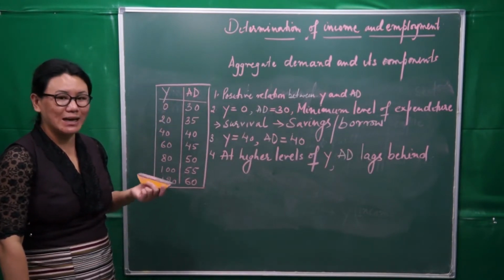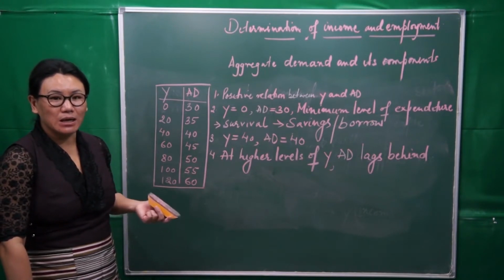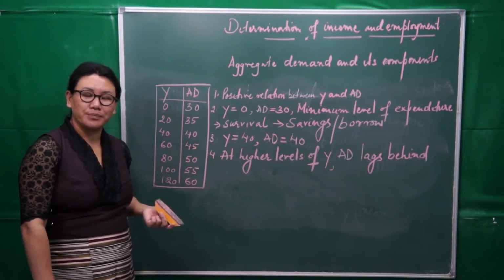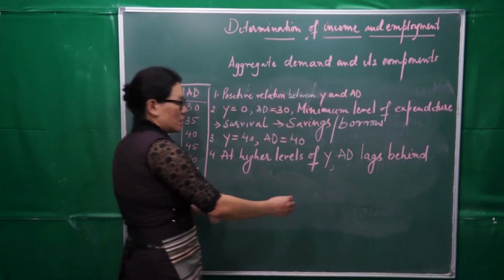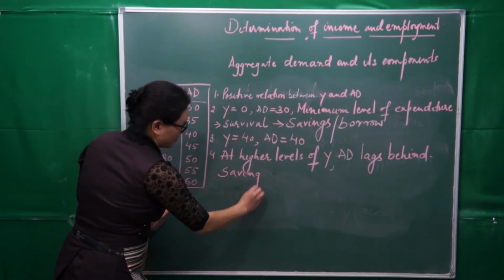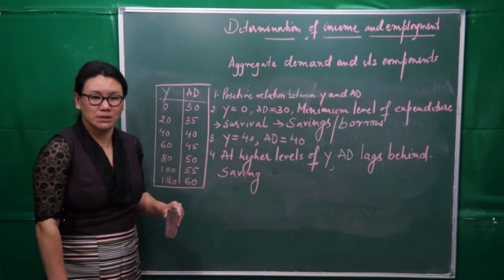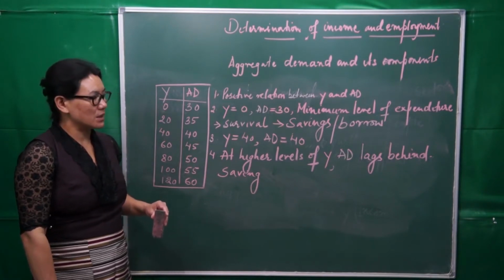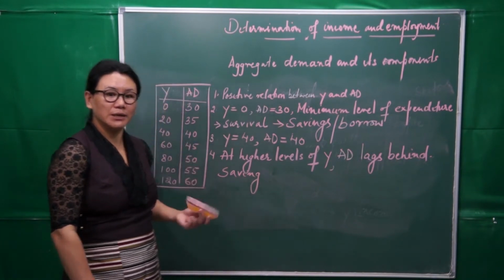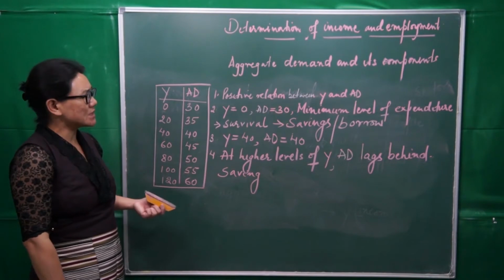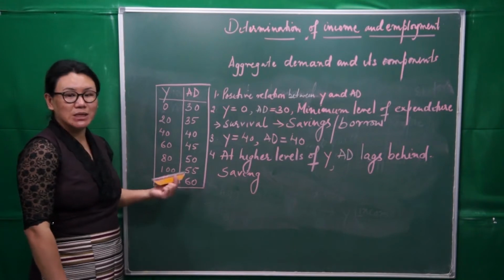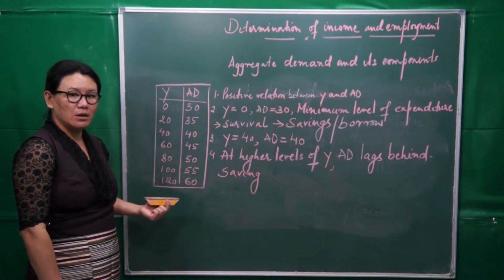The reason why AD will lag behind the increase in income is that as people's income increases, they will start saving. So here comes saving. Because of this, AD will lag behind. Is that clear? Okay. All right.